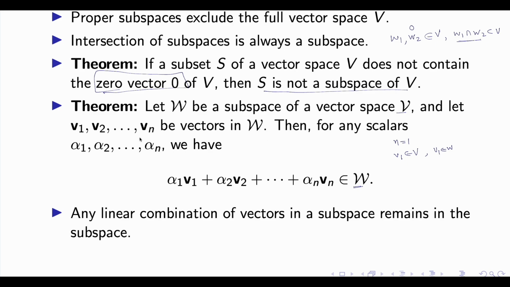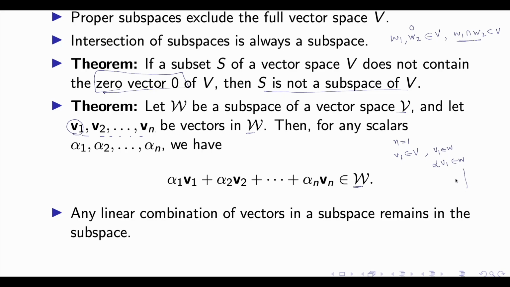If n equals 1, only V1 belongs to W. Since W is a vector space, alpha times V1 will also belong to W. Closed under vector addition and scalar multiplication. So you can see how it is going to be.